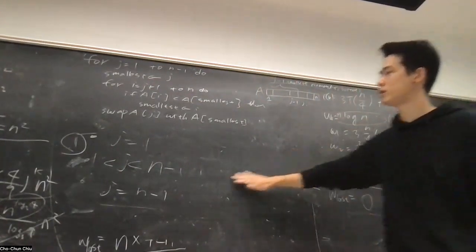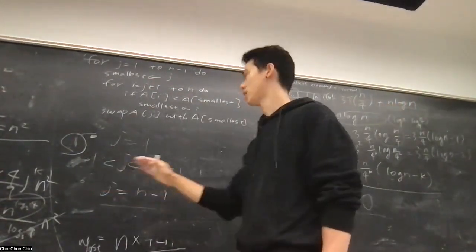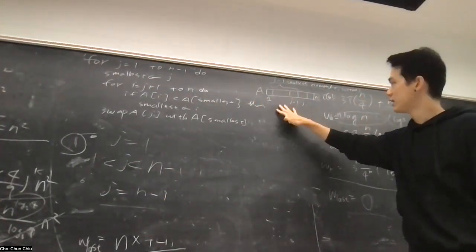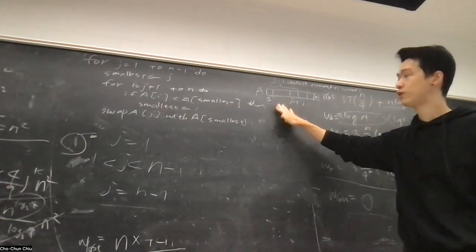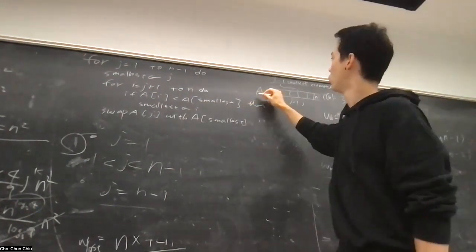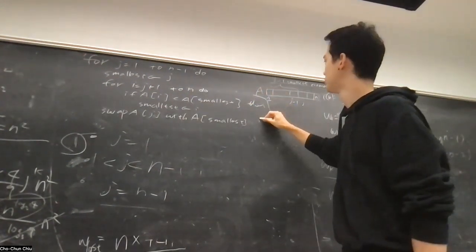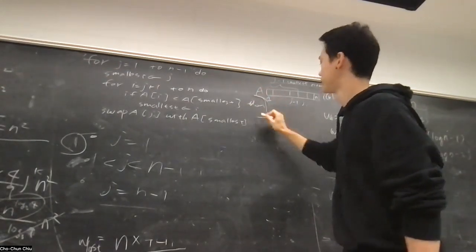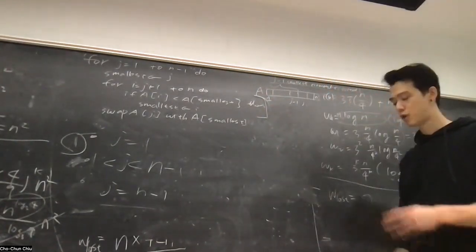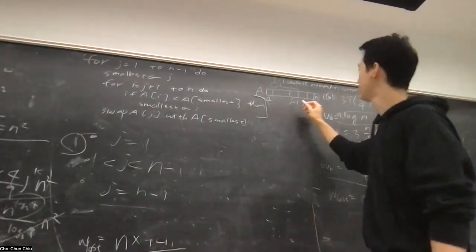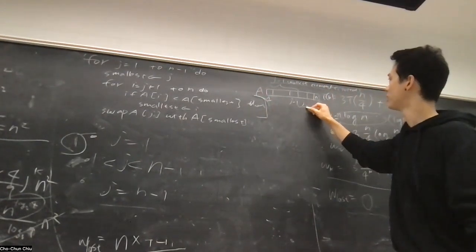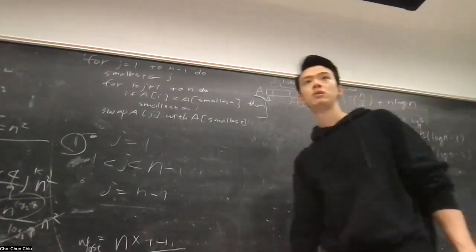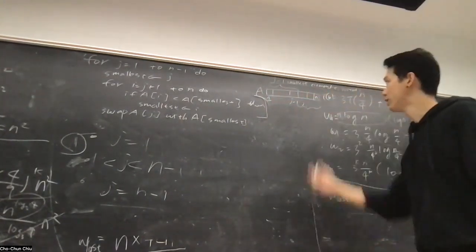Okay, so the other case, when j is larger than 1, how about that? If this already holds, what does this mean? This part means we're finding the smallest from a subset, from the other part.